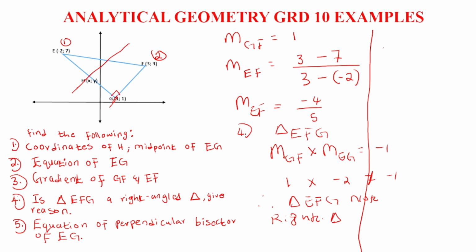You're looking for this line here. So we know that the gradient of EG is equal to -2. So we're looking for the gradient at H. When you multiply them together, they must give you -1, sorry. Therefore, this is half, so that when you multiply it with this gradient, they must give you -1.